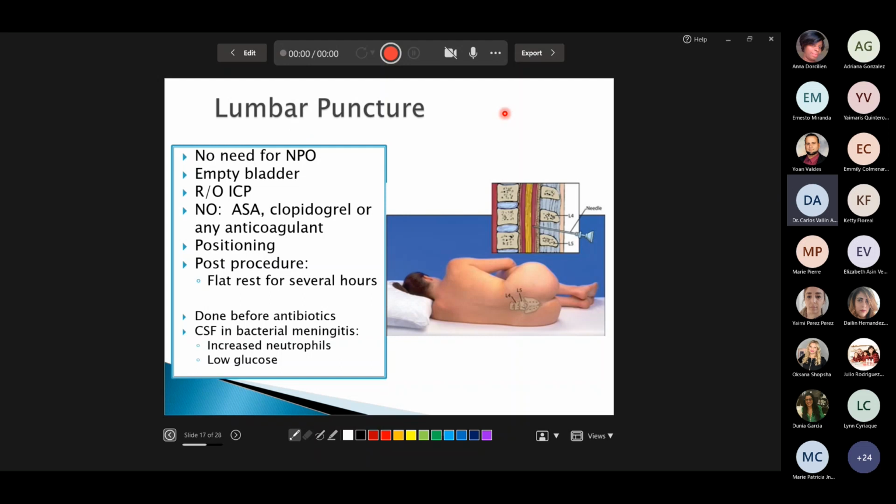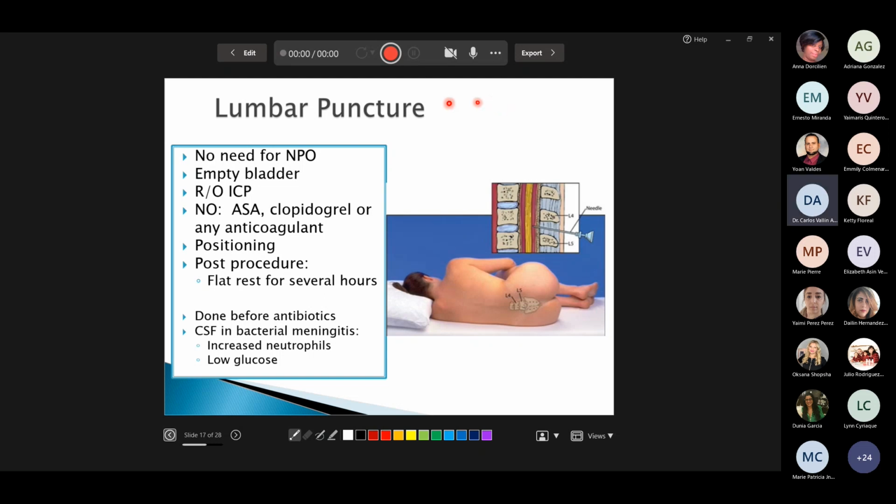There is no need of being NPO, okay, before a lumbar tap. Of course, there is no good in having a heavy meal before that because you can be nauseated, etc. But it is not a mandatory requirement to be NPO to have a lumbar puncture.